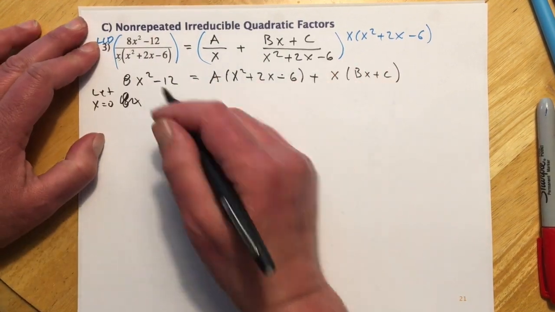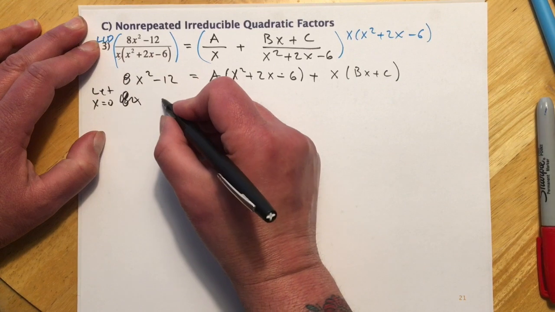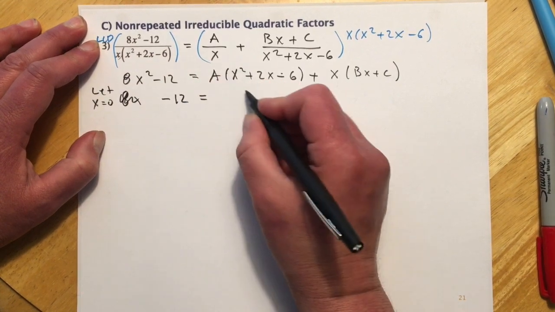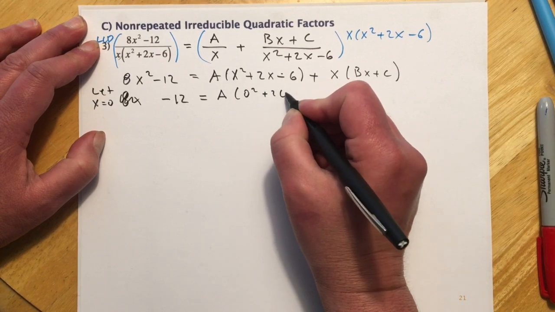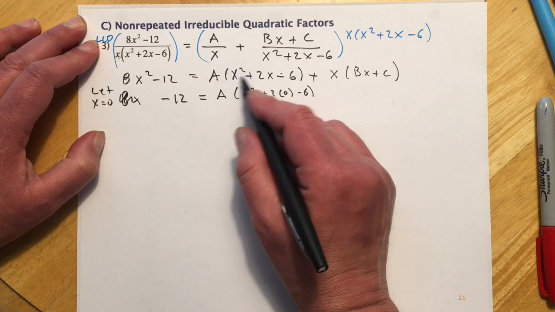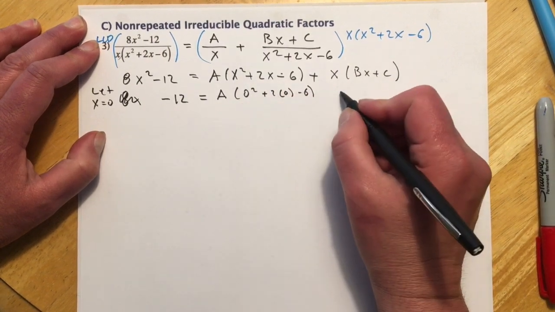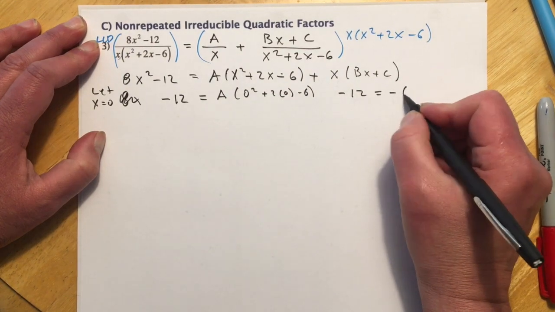So it's going to let me get a. So 0 right here would give me 8 times 0, so only that negative 12 survives. And then a, and 0 squared plus 2 times 0 minus 6, and this piece drops out. So this is all really just negative 12 equals, that would be negative 6a.